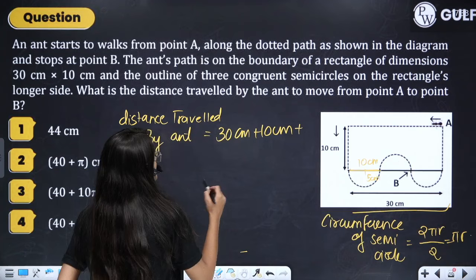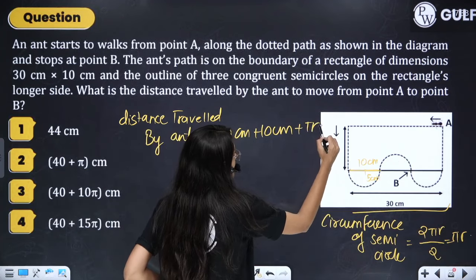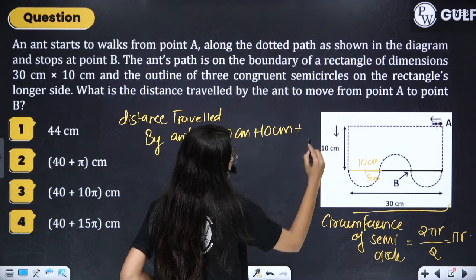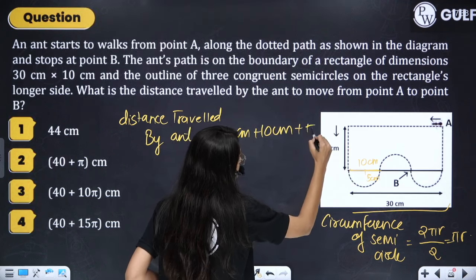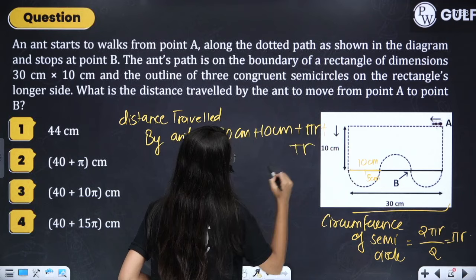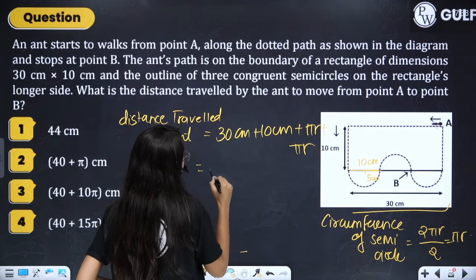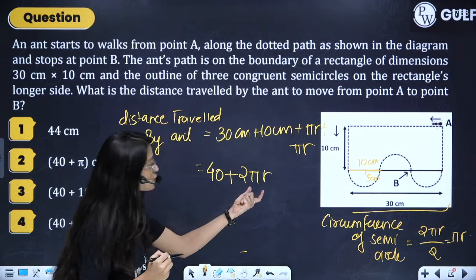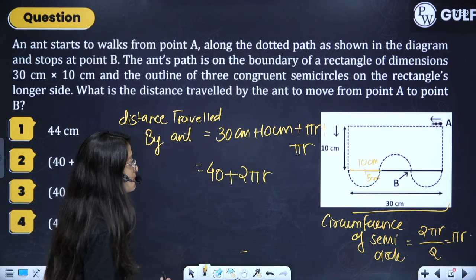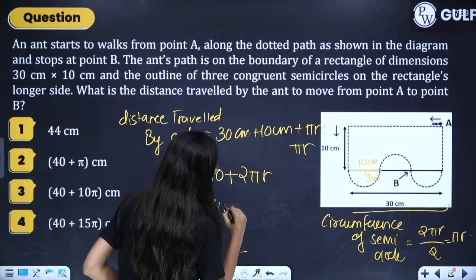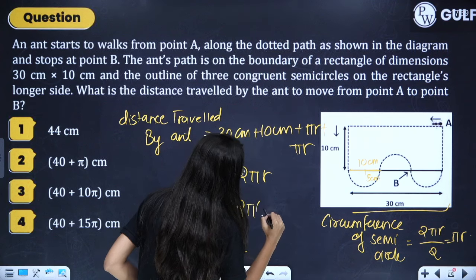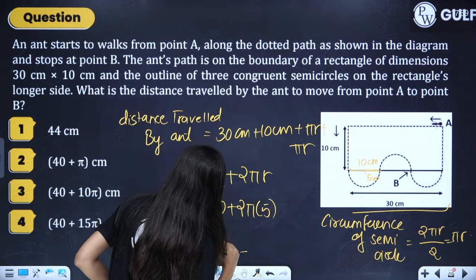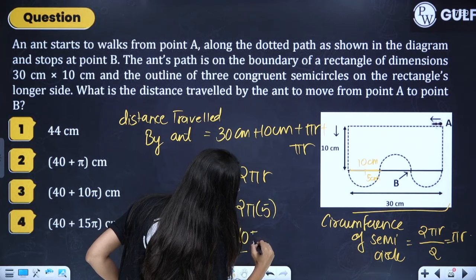So I'll be adding pi r and pi r to it, that means 2 pi r, which gives 40 plus 2 pi r. Now I also know the radius of this semicircle. So 40 plus 2 into pi into 5, which would be 40 plus 10 pi.